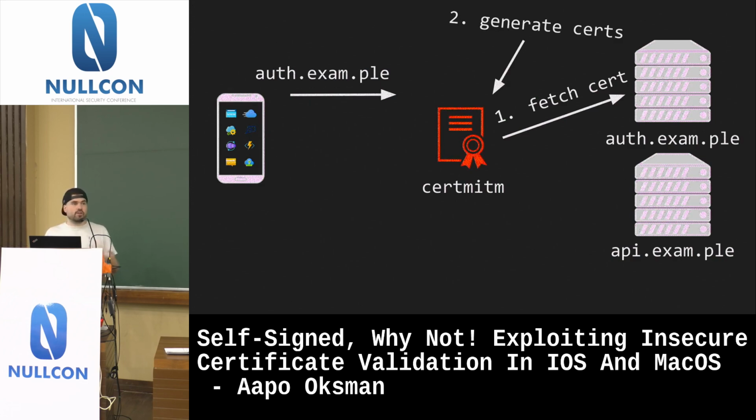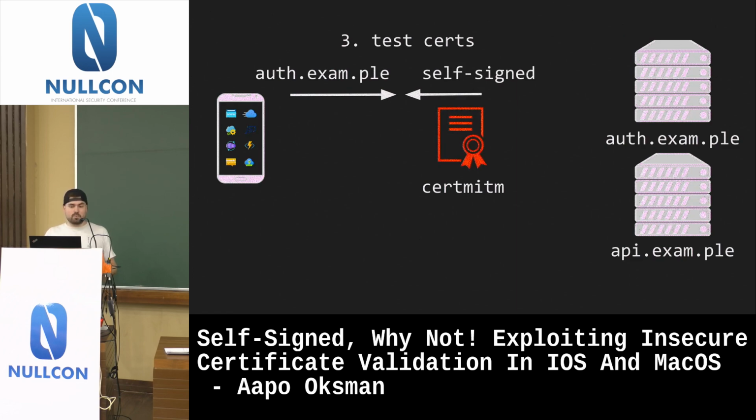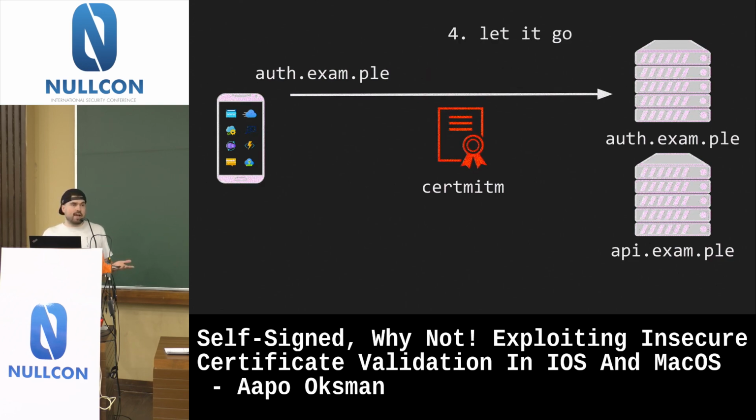We then generate certificates inside Certmitm, and then we start to test these certificates that we've generated. And here, if we generate a self-signed certificate and try to give it to auth example, we can see if it accepts it or not. And in this case, it doesn't accept it, so we just have to let it go.